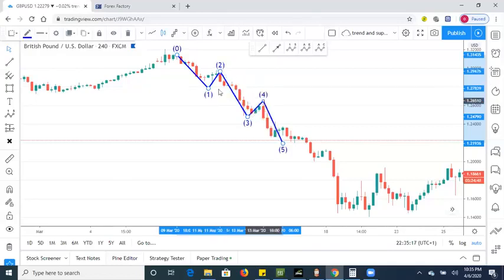Usually around 1, but it could extend somewhere between 2 and 1 and then roll over. So somewhere around 4, between 3 and 4, you would be looking for a bearish signal to go short.